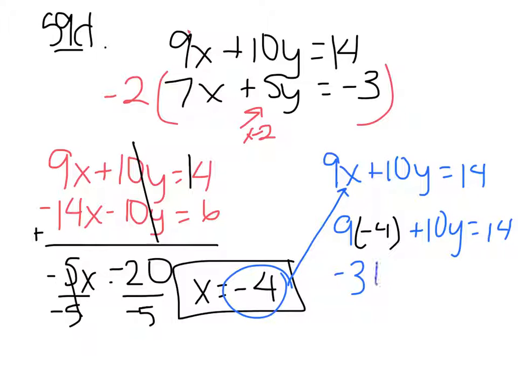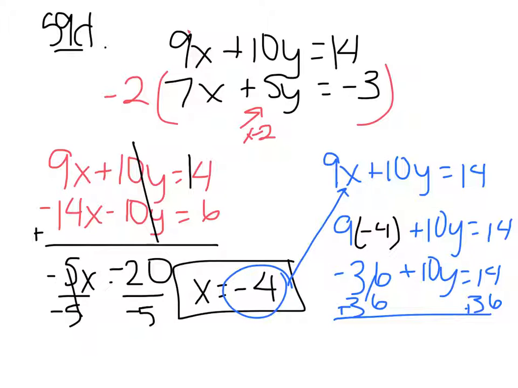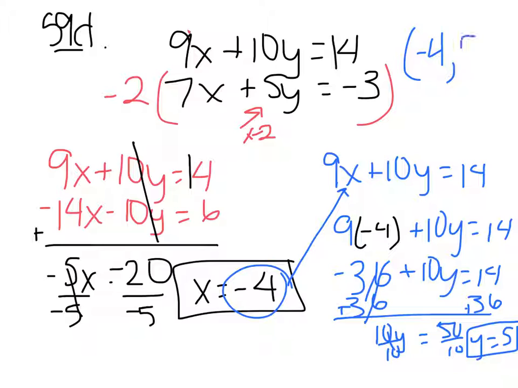So that's negative 36 plus 10y equals 14. We're going to add 36 to both sides. So 10y is equal to 50. Divide by 10. I'm running out of space. Y is equal to 5. So our ordered pair is negative 4, 5.